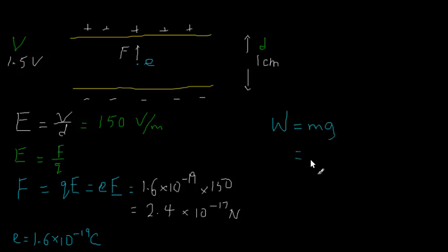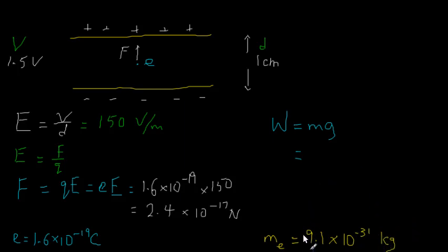What's the mass of an electron? Let me write this down. The mass of an electron is usually given the symbol m with a subscript e, and it is 9.1 times 10 to the minus 31 kilogram. That's an extremely small value, very, very small mass.